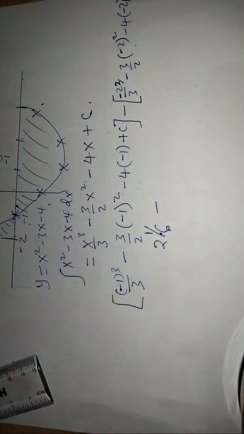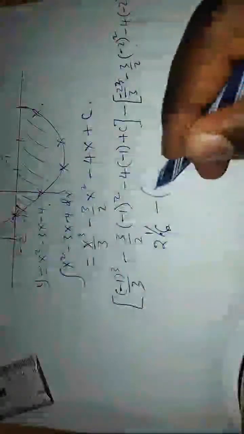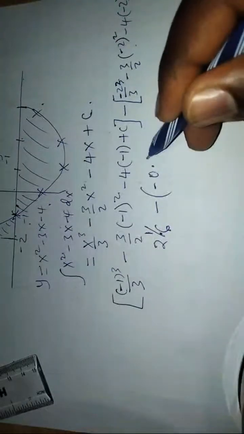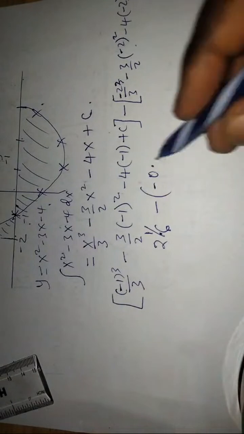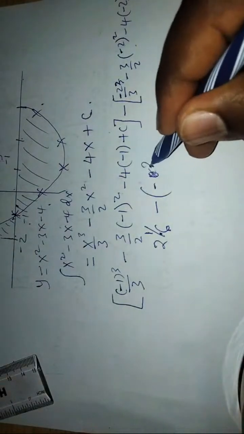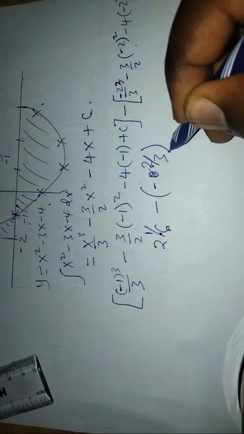Then I subtract 3 out of 2 into -2 squared. Then I subtract 4 into -2. Yes, this is going to give me -0.6666, which is -2 out of 3.